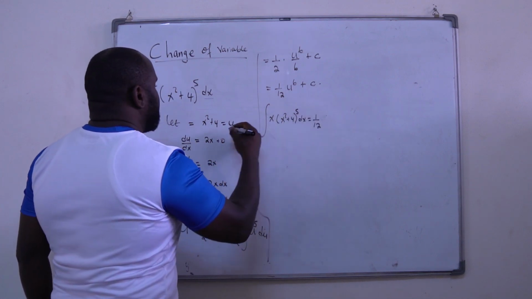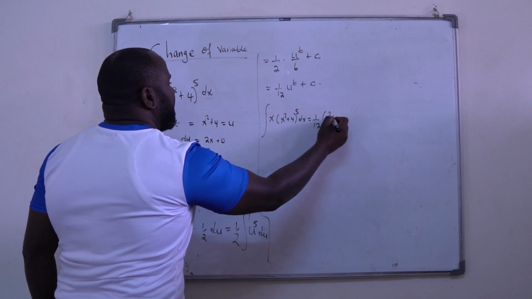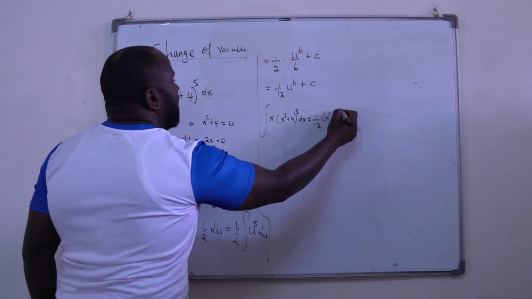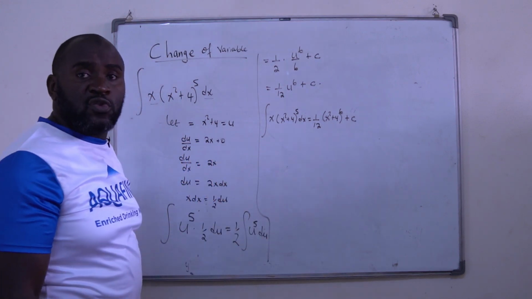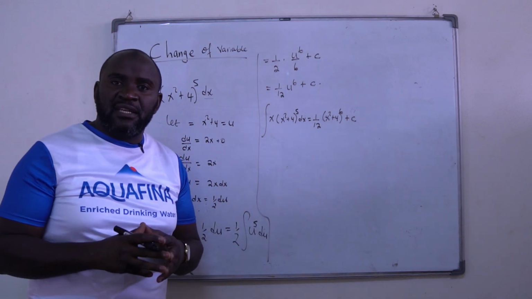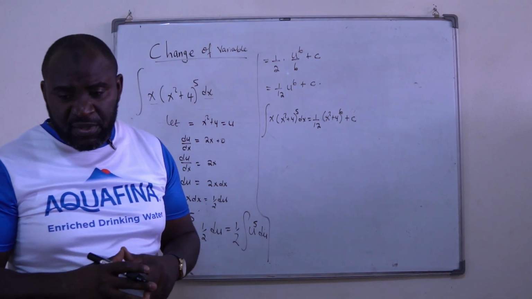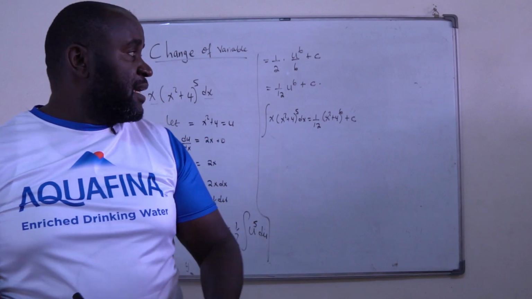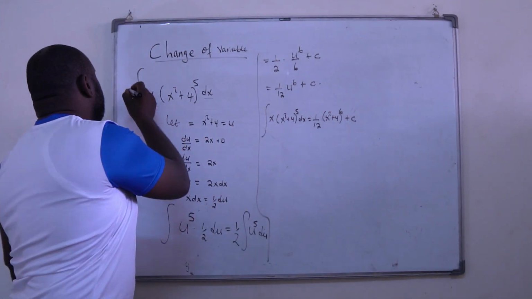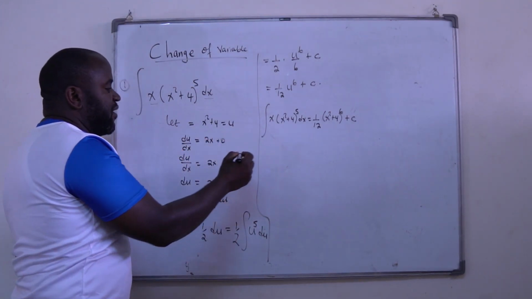Our u actually says x squared plus 4 to the power 6 plus a constant. And that will be your solution after integrating using this technique of what we are calling the change of variable. So that's example 1 for you in this category of change of variable.